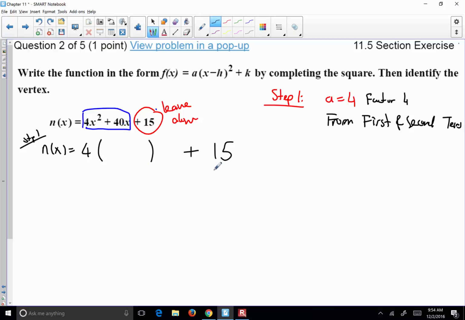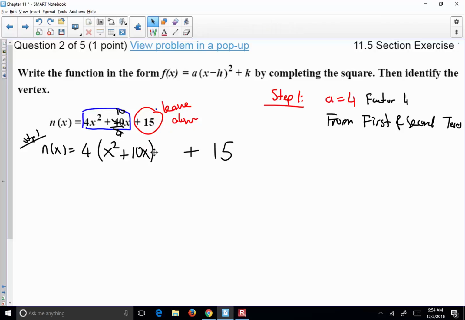No, 15 is not in business. Okay? So what is left if you divide 4x squared by 4? It's just x squared, right? How about 40? Divide 40 by 4, what is 40 by 4? 10x.